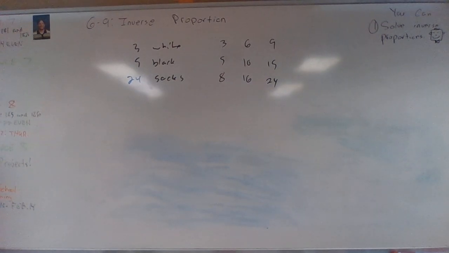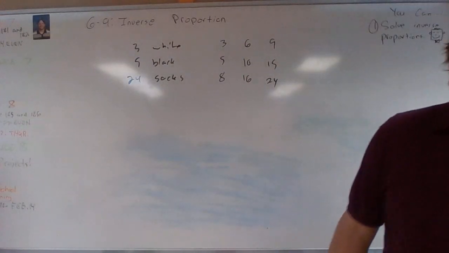As one item, in this case white socks, increases, black socks increase as well. And everything we've done so far has followed that rule. Where one item increases, the other one increases proportionally.